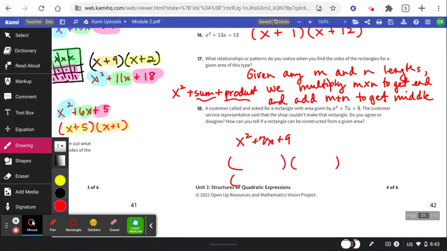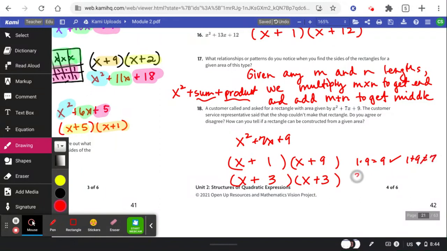Let's think of all the possible factors for 9. There could be 1 times 9, there could be 3 times 3. Those are my only options. Does the 1 times 9 give me 9? Yes. But does 1 plus 9 equal 7?